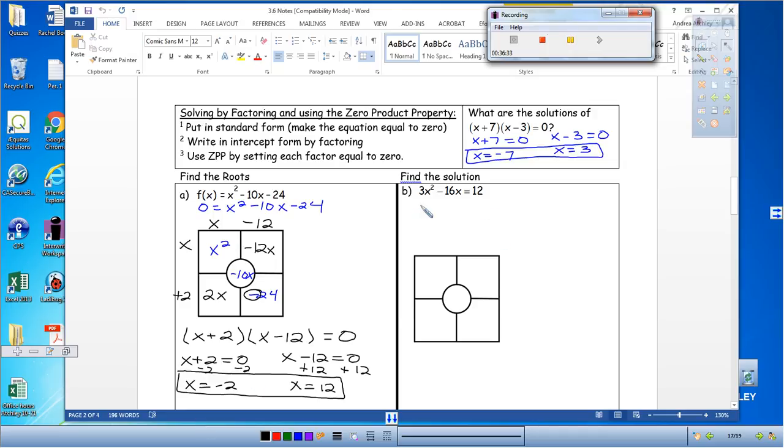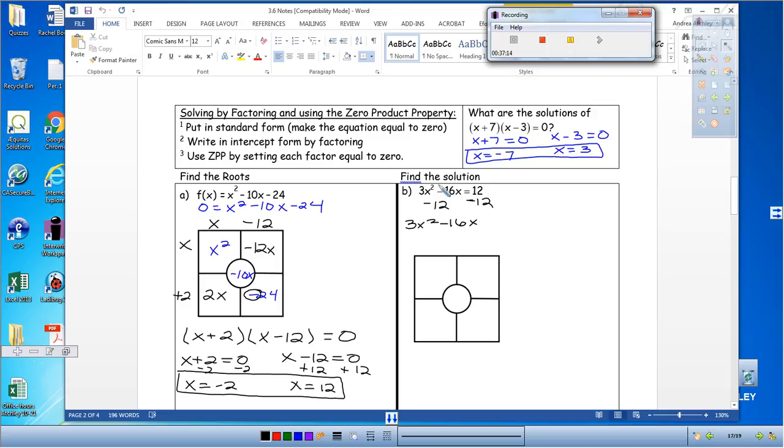Okay, next one. Before we can solve this, we need to put it in standard form and make the equation equal to 0. So that means I need to move the 12 over. I have to subtract 12 from this side, and if I subtract 12 from this side, I also have to subtract 12 from the other side. So that gives me 3x squared minus 16x.